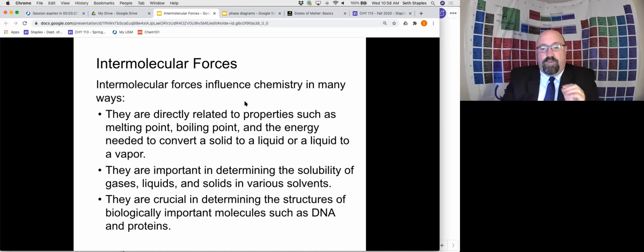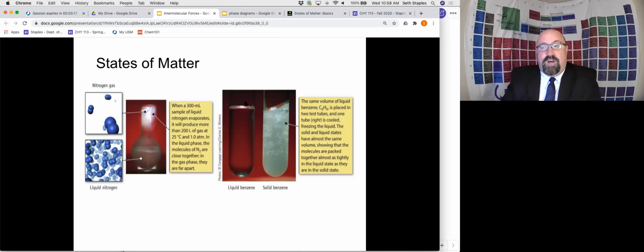And so these intermolecular forces play a huge role in lots of different properties. We're going to focus a lot of our discussion on states of matter and how intermolecular forces determine if something is a solid, liquid, or a gas at room temperature.